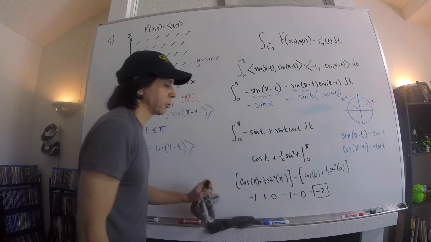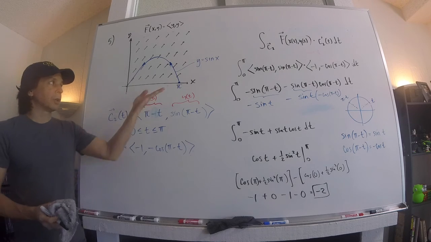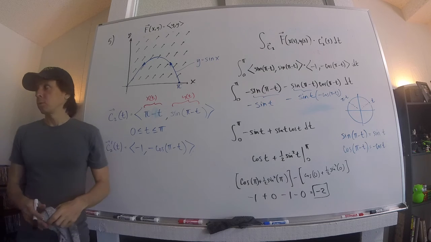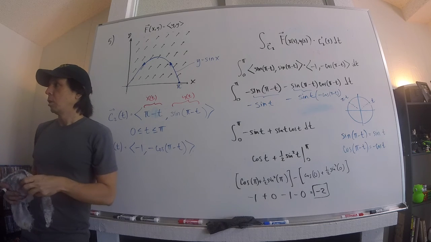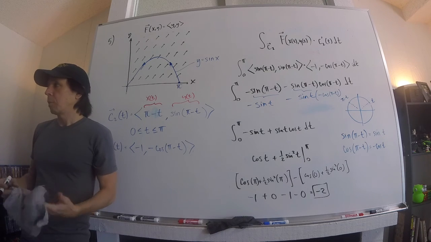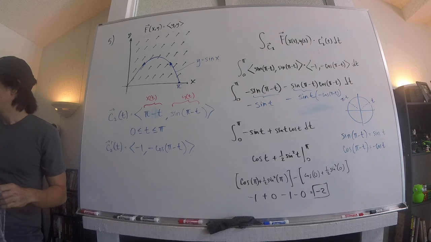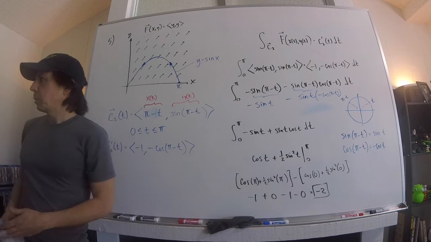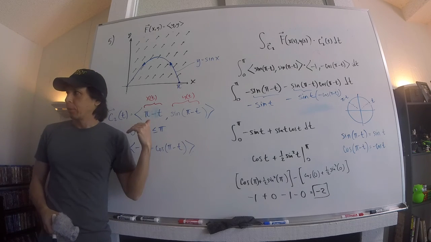It gets you the same answer but with the opposite sign if you traverse the same curve in the opposite direction, the opposite orientation. So to answer the question, yes, the orientation of your parameterization matters. The path integral depends on the orientation of the path.